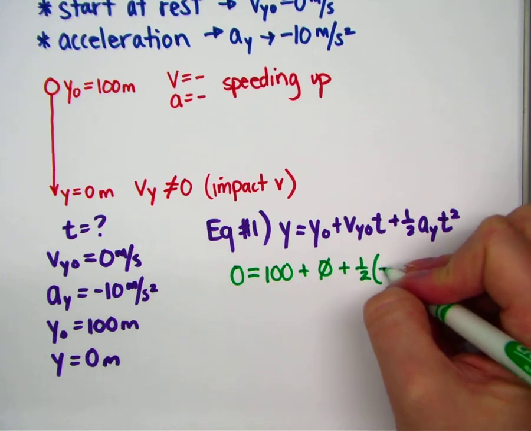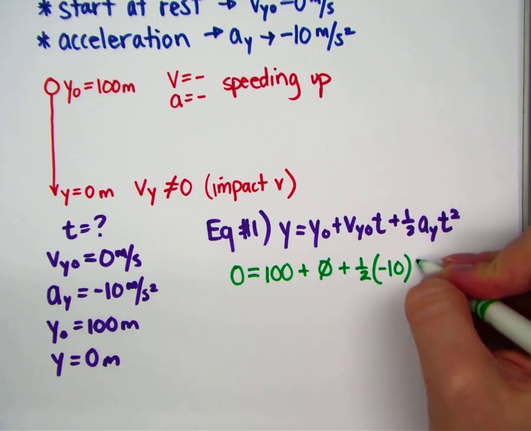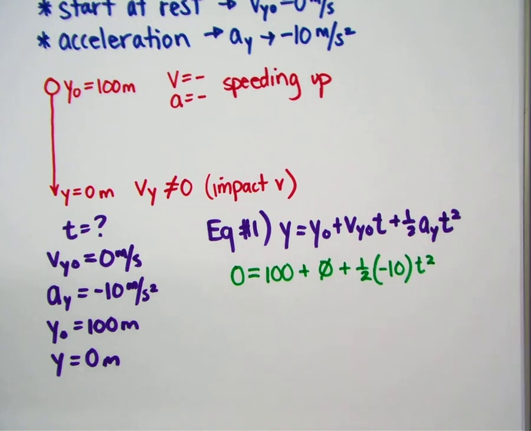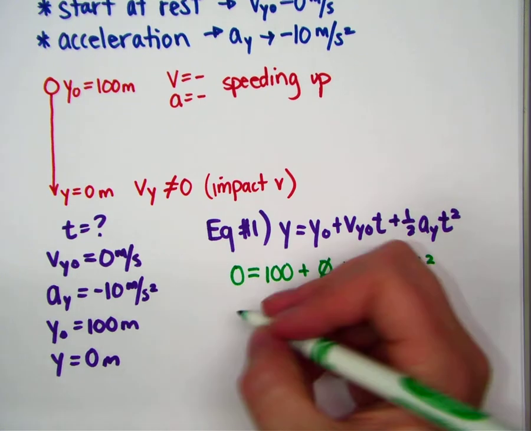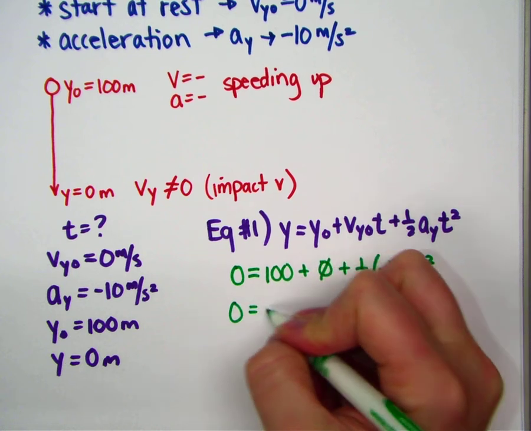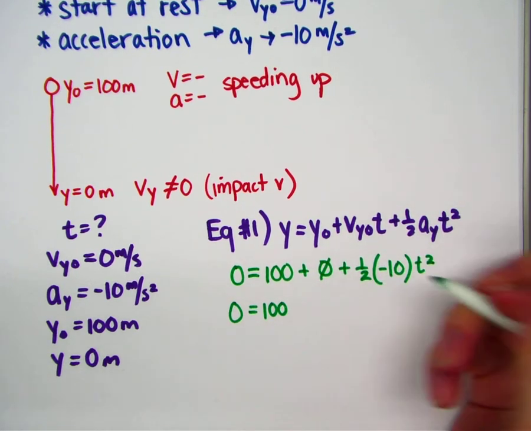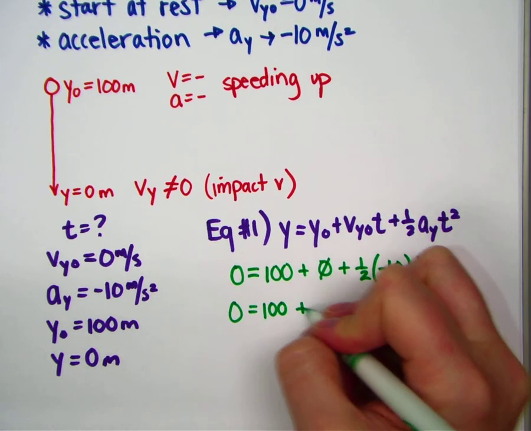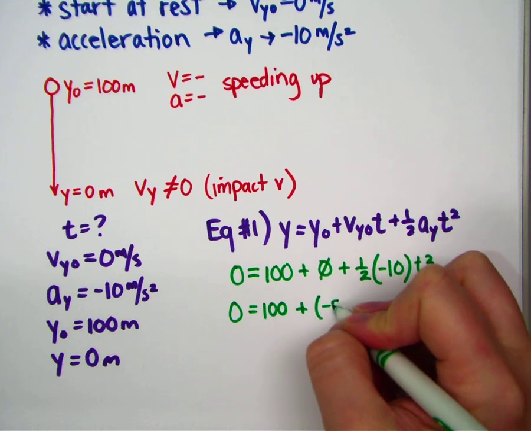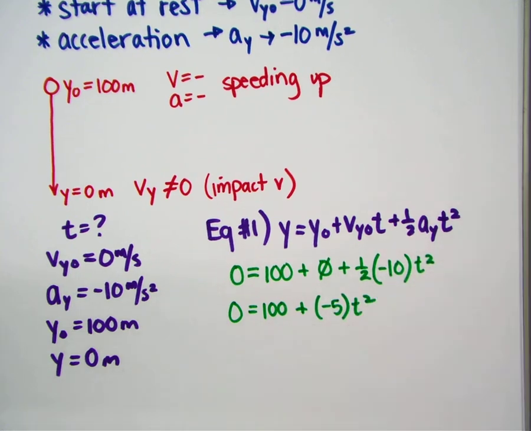We know our acceleration is -10, and we are solving for t. That's where we start. Okay? From here, I'm going to simplify. Those of you who are good at algebra, I'm sure you can just go on ahead of me. Okay? And now I need to figure out what to do.